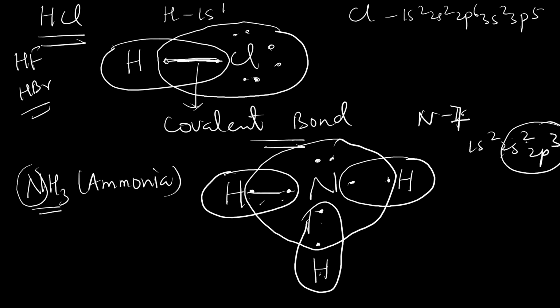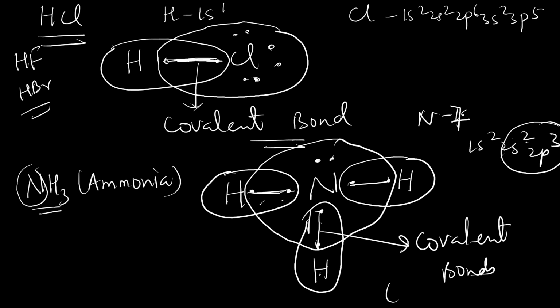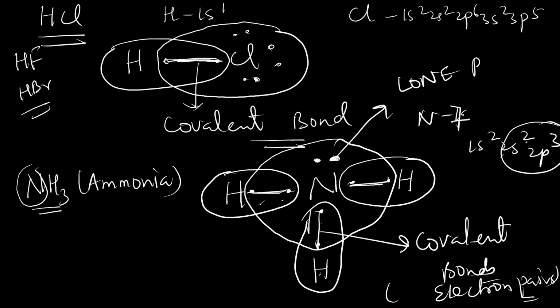So these are three covalent bonds, or we call them electron pairs which are involved in bond formation. Whereas these two electrons, which are not involved in bond formation, are called a lone pair, not participating in bond formation. So this is one example.